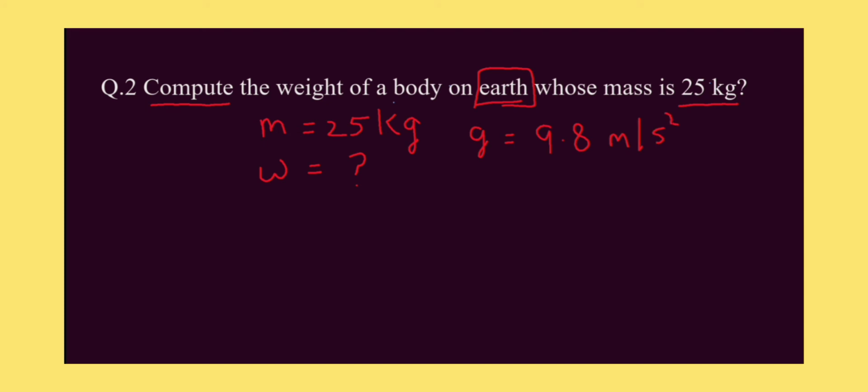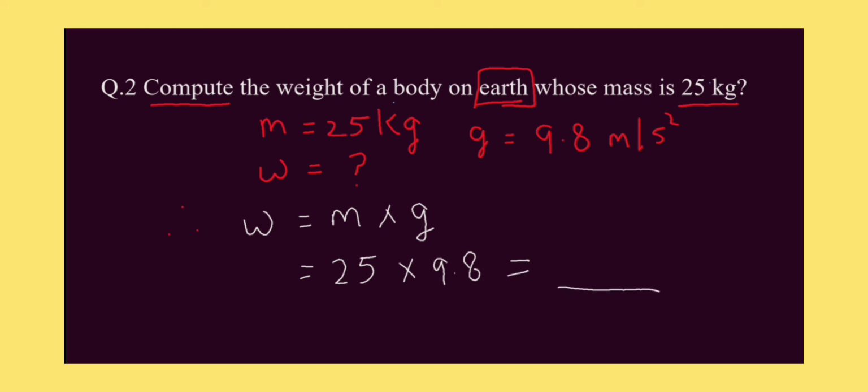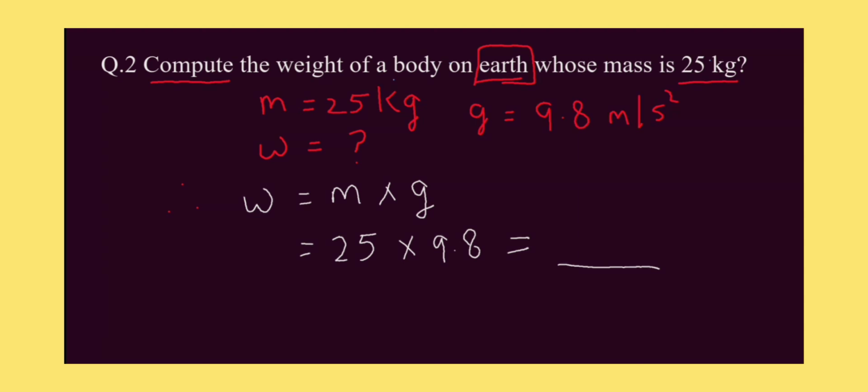So we know the formula: weight is equal to mass into gravity. You can substitute the value for mass and gravity and calculate the weight of the body. Write your answer in the comment box. Wait, you have to write the units. Either you write newtons or you write kgf.